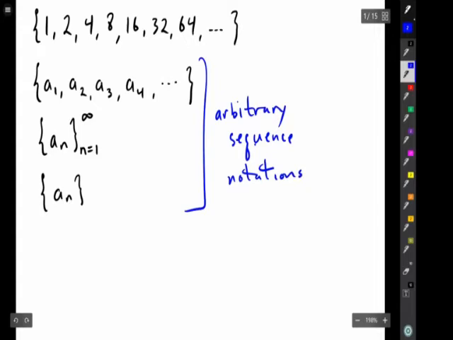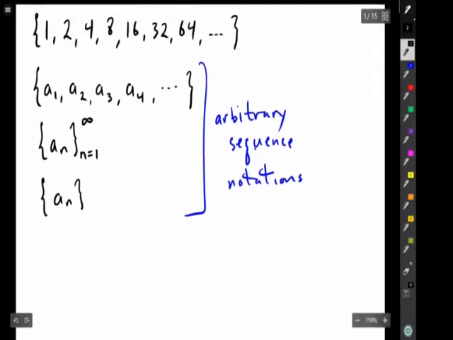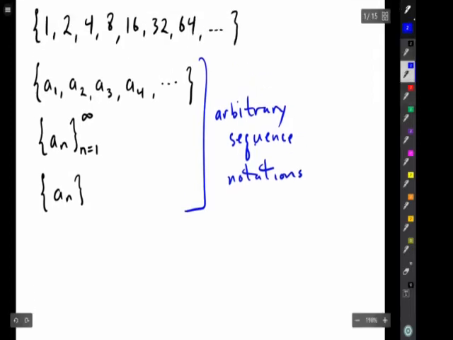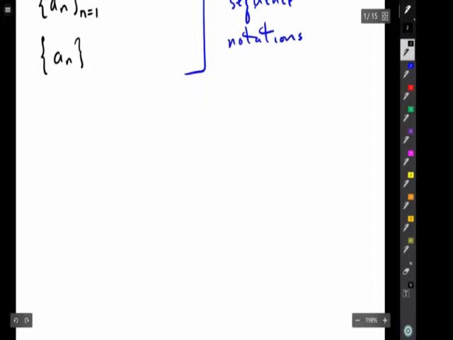As you may remember from doing Riemann sums, this number, the subscript here, is called the index. So we say this is the first term of the sequence, this is the second term, this is the third term, and so on. Let's compare this to the example sequence up here.